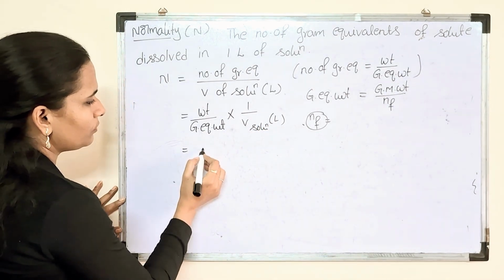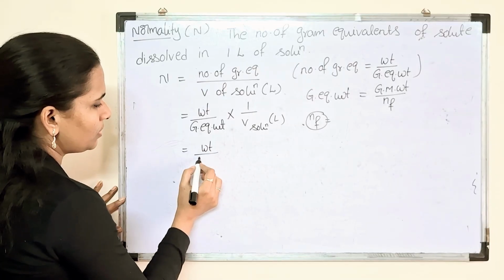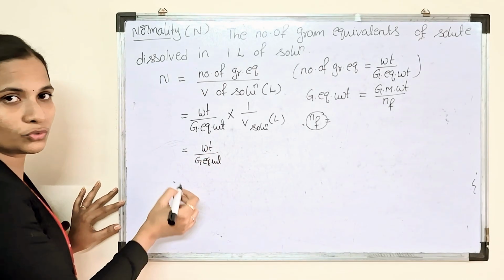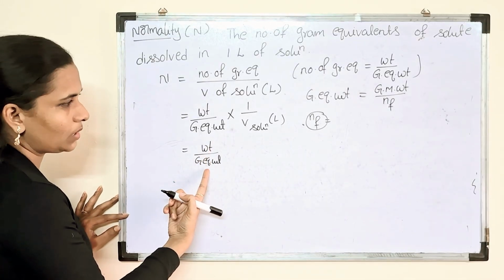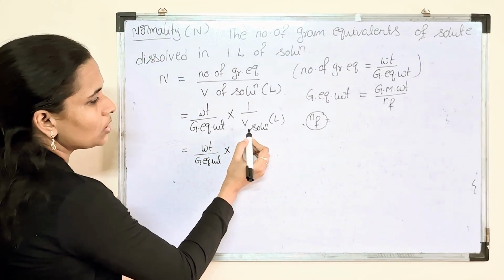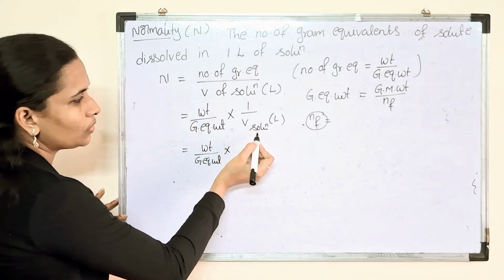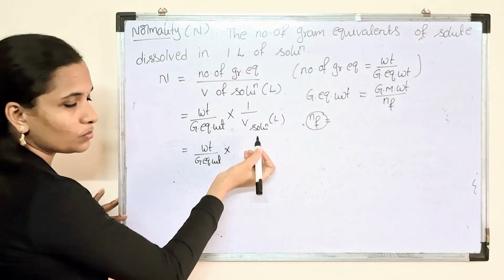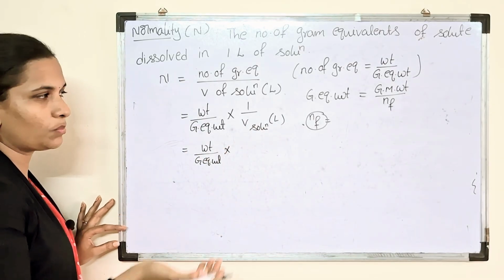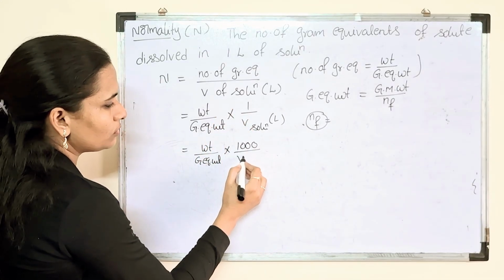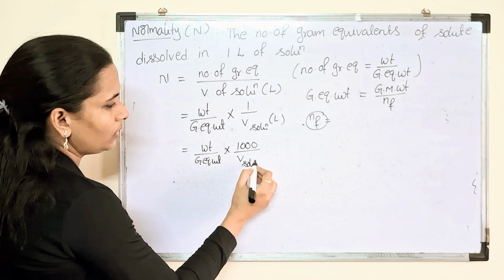Here, weight by gram equivalent weight is the solute weight and solute gram equivalent weight, and V is the volume of the solution in liters. If the given solution volume is in milliliters, then you have to write 1000 by volume of solution in milliliters.